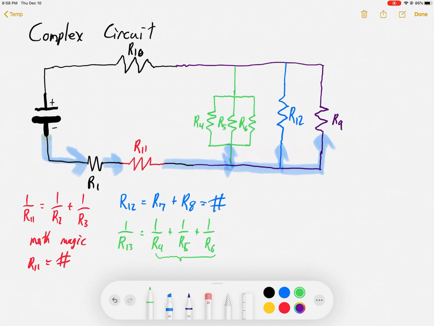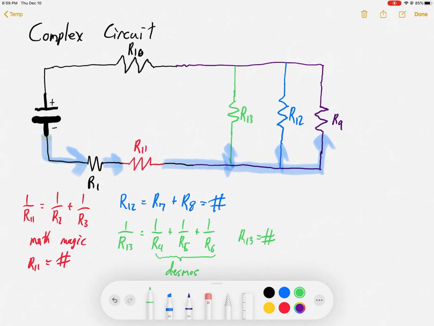Use Desmos to simplify that fraction, so that you can then take the reciprocal of both sides and get your new value for R13. And so this parallel circuit is going to act as if it were a single resistor, whatever that value is.